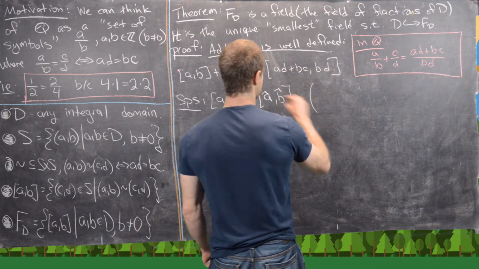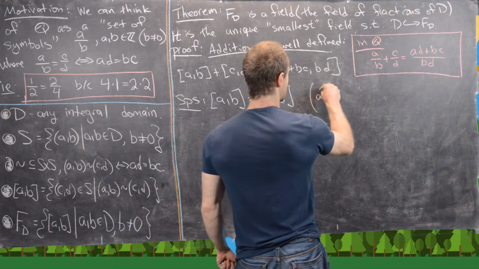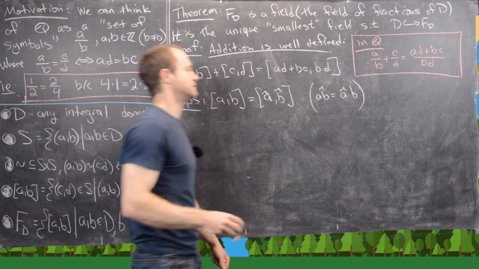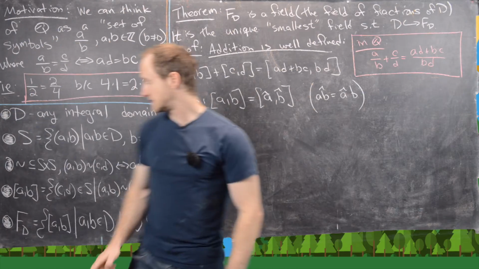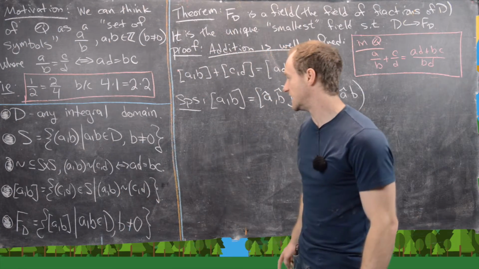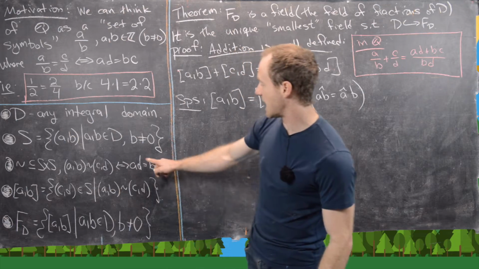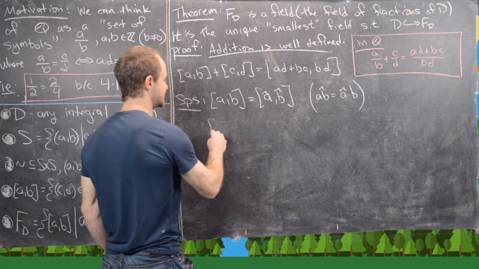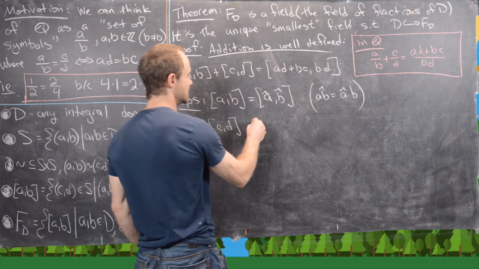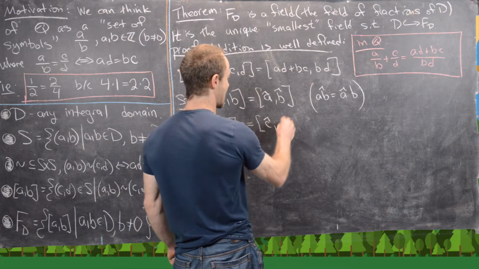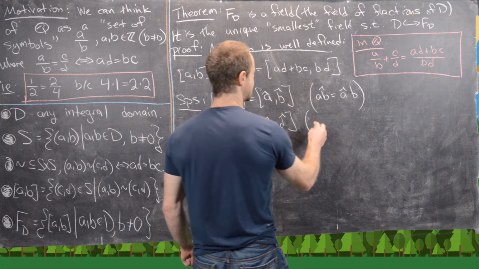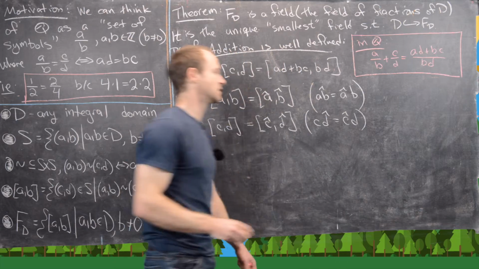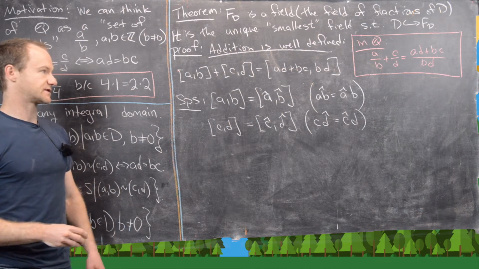So what that means is that A B hat equals A hat B. So recall, that means that these two are related in S, but being related in S means that this happens exactly. Okay, and then we'll do the same thing with (C, D). So we'll say (C, D) is (C hat, D hat), but now notice that's the same thing as saying C D hat equals C hat D. So they're related via the equivalence relation.